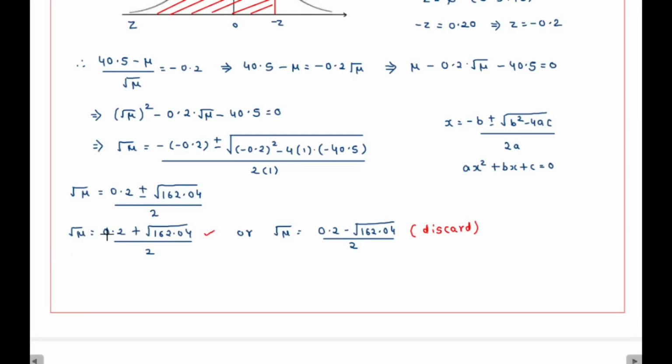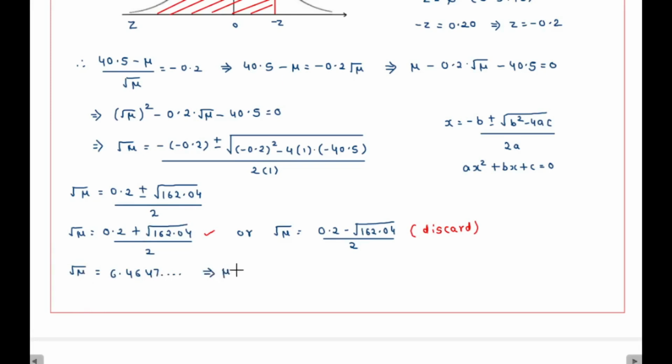So what is this particular value we will get? Let's try to solve this. So if I solve this whole thing on the calculator, I get it as 6.4647 something something. So from this, if I have to get mu value, I'll square both the sides.